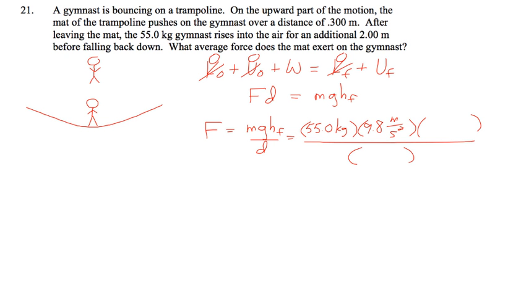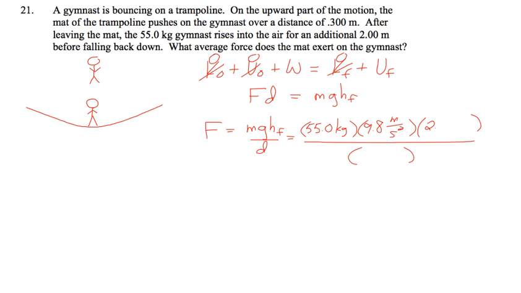So the mat is stretched 0.3 meters, and then the person is going to go up into the air an additional 2 meters above the mat. So what should I have for my final height? 2.3. Because between there and there is 0.3, and between there and there is 2.0. So between there and there is 2.3.